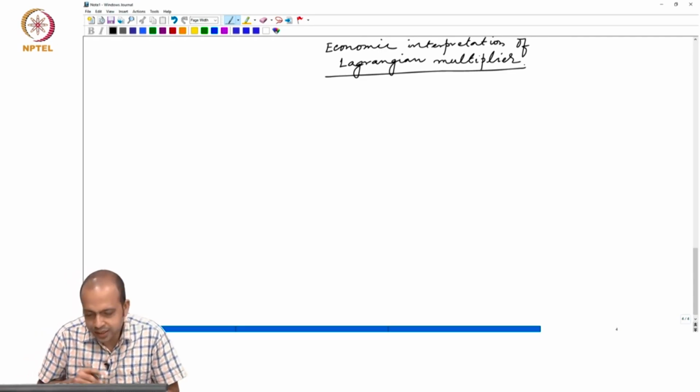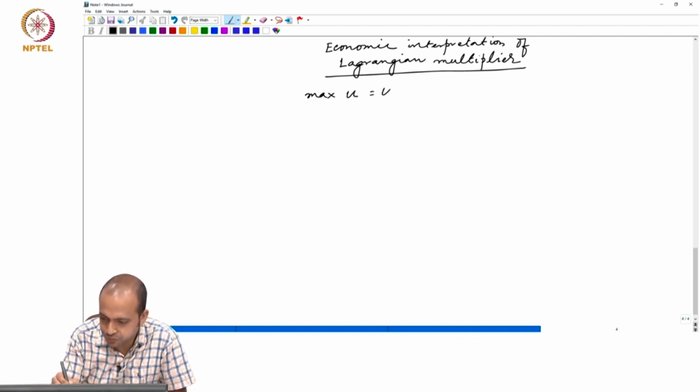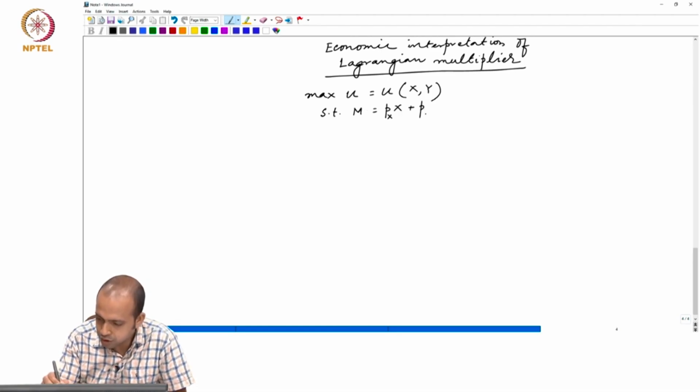Let us assume that an individual is trying to maximize utility, which is a function of two commodities x and y, and the individual is subjected to a budget constraint, which is given by m equals px into x plus py into y.